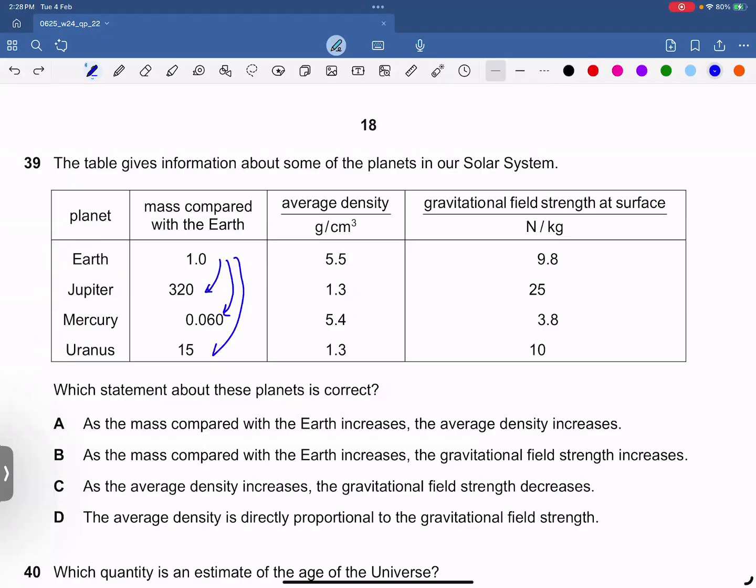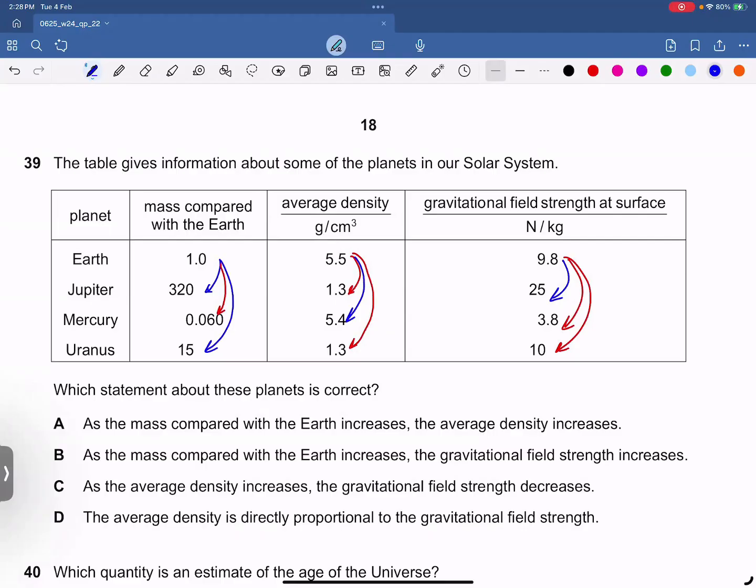I will use blue for more and red for decrease. Decrease, decrease, increase. So now we can compare.